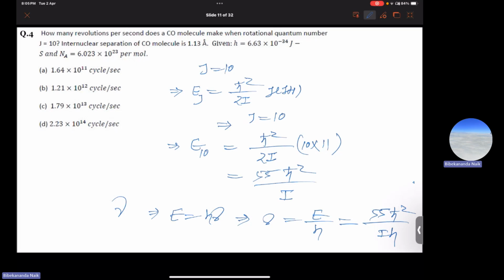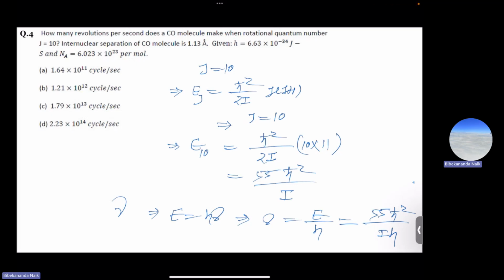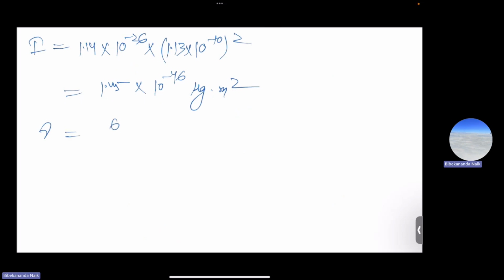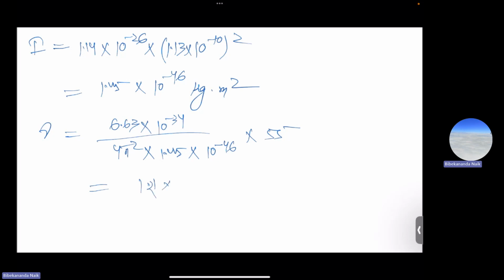So nu will be 6.63 into 10 to the power minus 34 divided by 4 pi square into 1.45 into 10 to the power minus 46, into 55, which will give us 1.21 into 10 to the power 12 cycles per second.